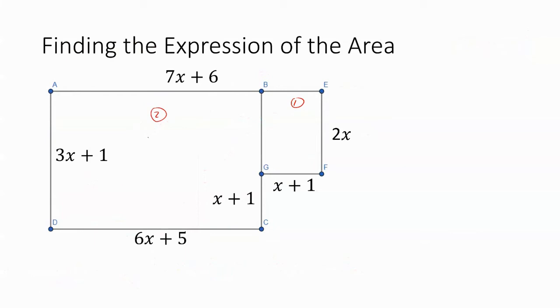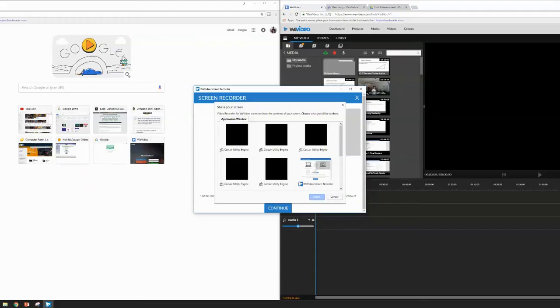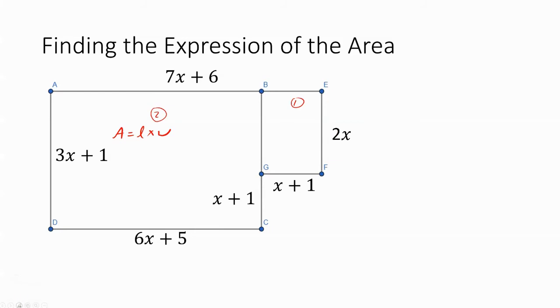So remember, area is really length times width. We're going to find the area of the larger rectangle first. Remember, length times width. Let me use a highlighter here to make sure we understand why we're using these expressions. 6x plus 5 really does represent the width of the larger rectangle.